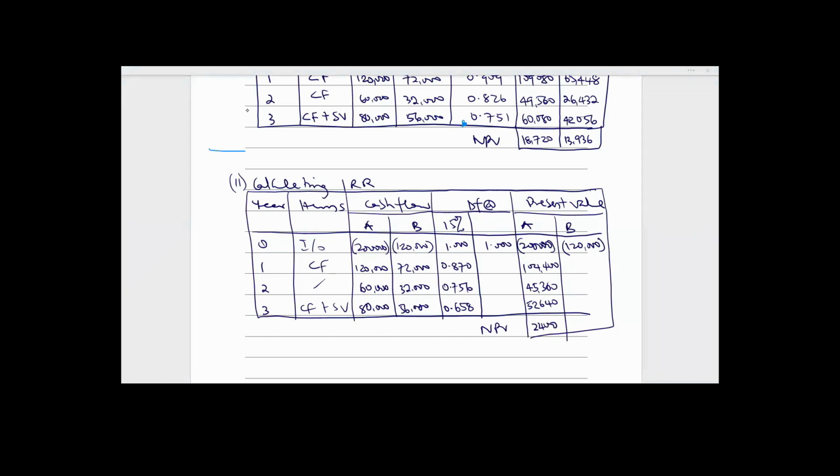Project B, 72,000 multiplied by 0.87 equal 62,640. Next is 32,000 multiplied by 0.756 equal 24,192.